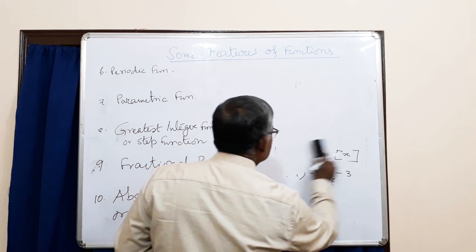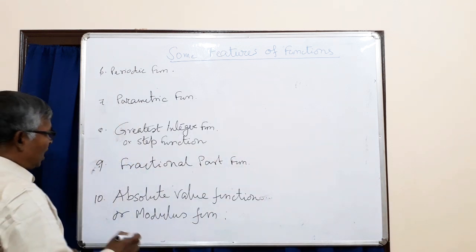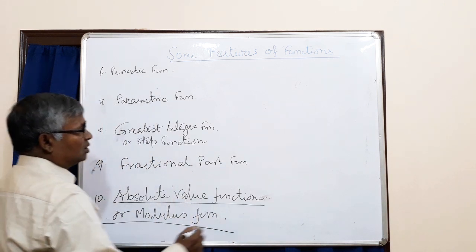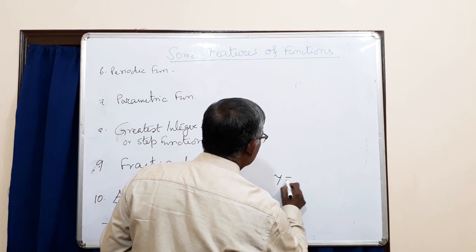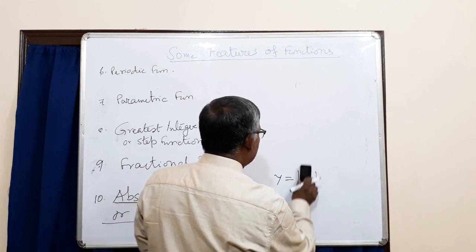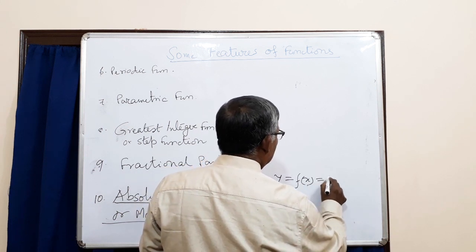Now let us learn an important function, the absolute value function or modulus function. It is written as y equals mod x, or y equals f x equals mod x.